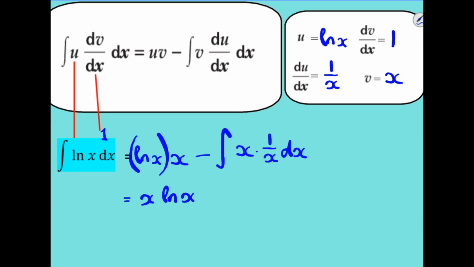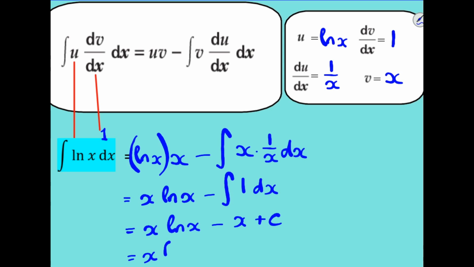We'll write this as x log x, and it becomes the integral of 1, which is simply x. And don't forget the c. Let's factorize, and don't forget the c.